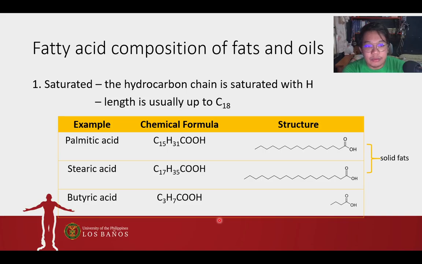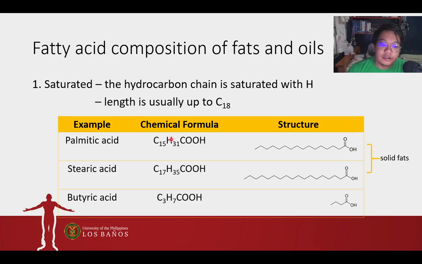So, as mentioned, we have different types of fatty acids. We have saturated. Saturated means the hydrocarbon is completely saturated with hydrogen. When you look at this structure, every carbon has hydrogens attached. It is completely saturated with hydrogen, that's why it is called saturated.